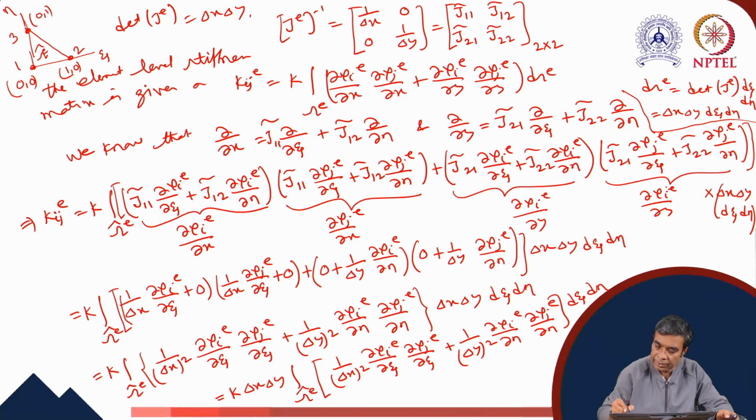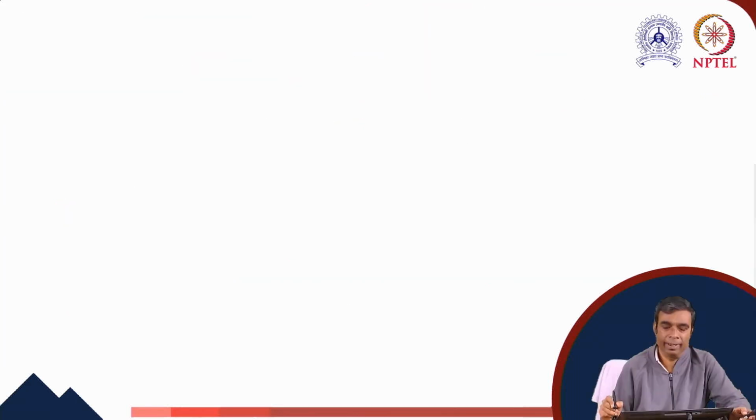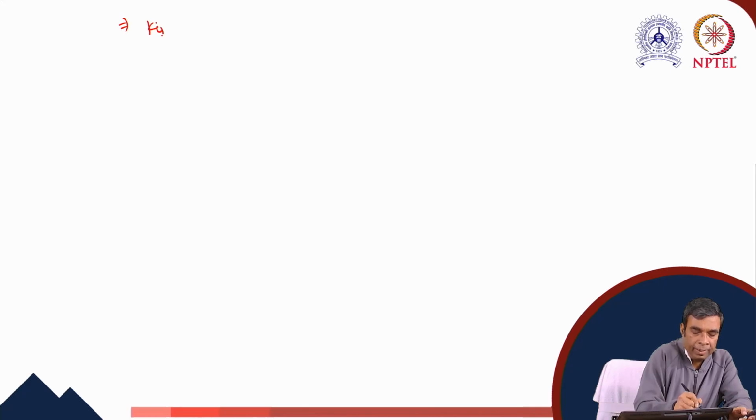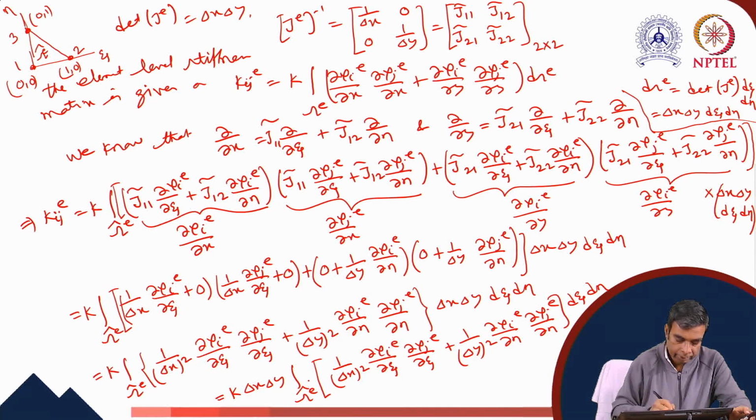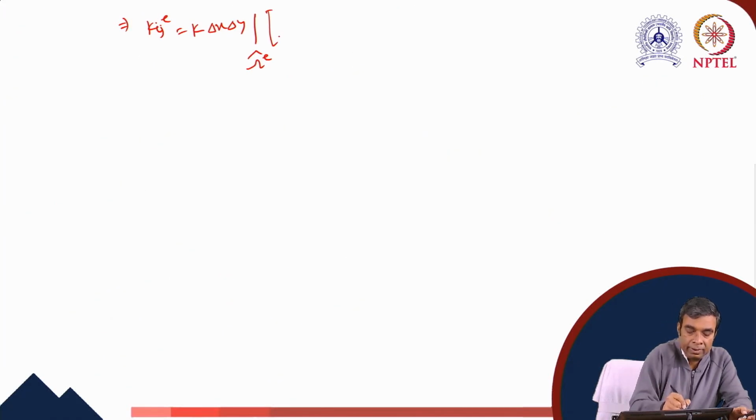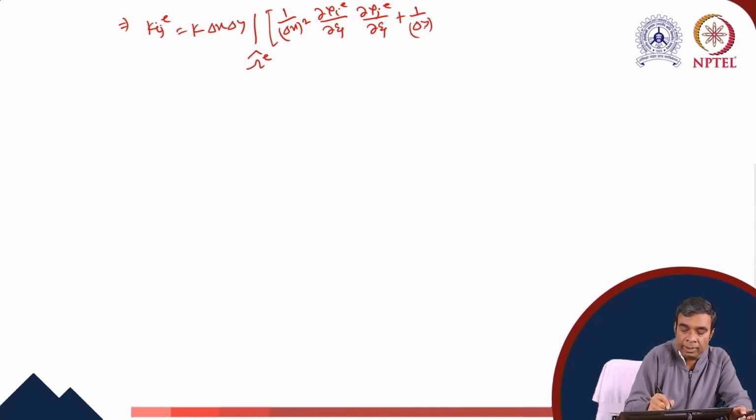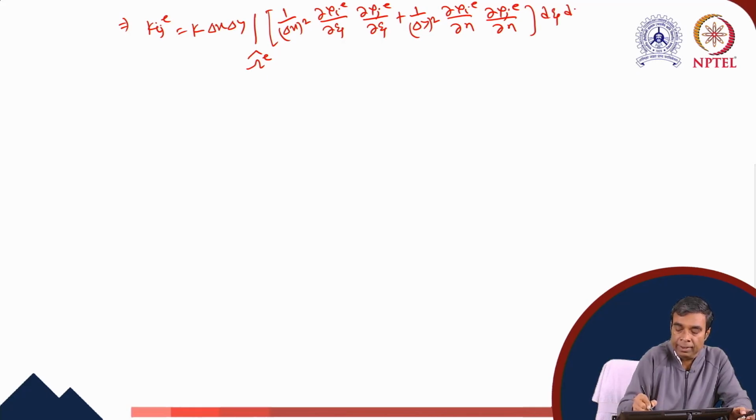Here we obtain kije equals k delta x delta y integration over omega e cap, 1 by delta x whole square del psi ie del xi del psi je del xi plus 1 by delta y whole square del psi ie del eta del psi je del eta d xi d eta.